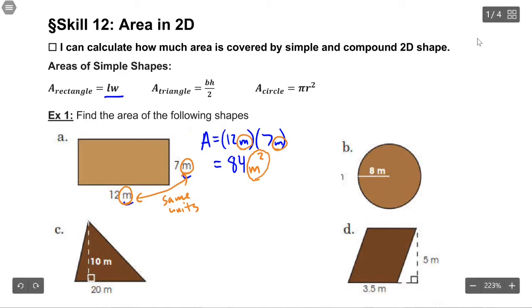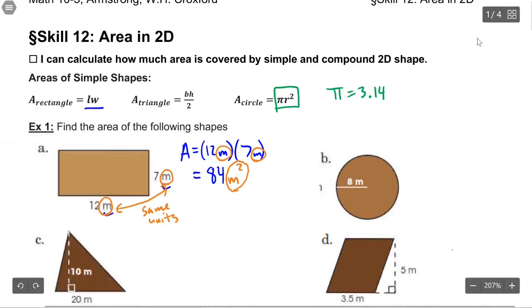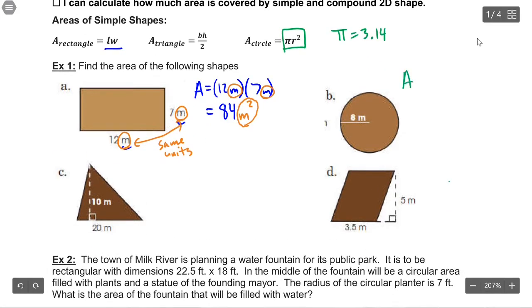So let's do our circle area formula. The circle formula is pi r squared. And for this course, we're going to use that pi is 3.14. Okay, so using pi equals 3.14, the area of our circle is A equals pi r squared.